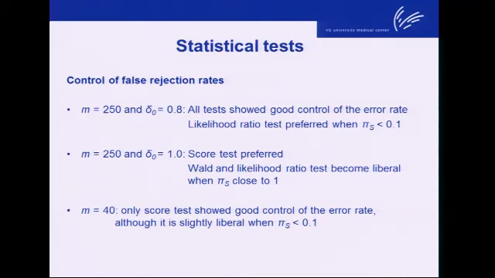So this is basically a summary of what I just told, and we didn't look at even smaller samples, because I don't think that would be a good idea to use these asymptotic tests in those cases.